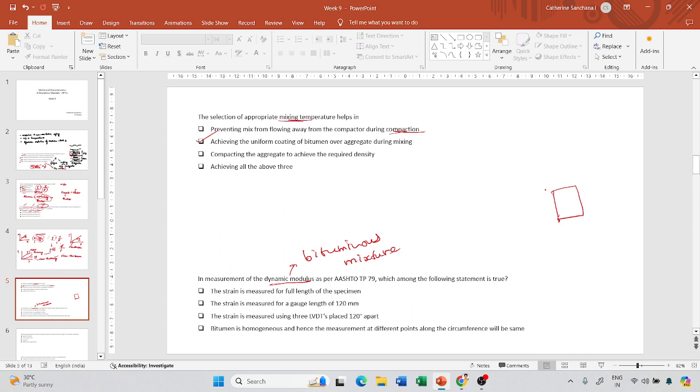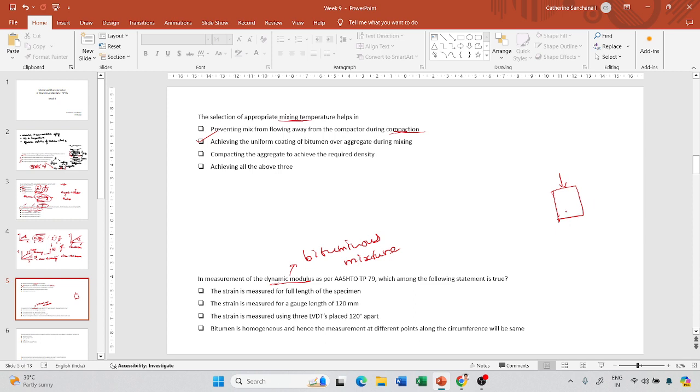After mixing, you short-term age the loose mixture in the oven for 4 hours, and then you compact it in the gyratory compactor. Once you've sliced the sample to the required dimensions, you apply some loading on the sample to measure the deformations.